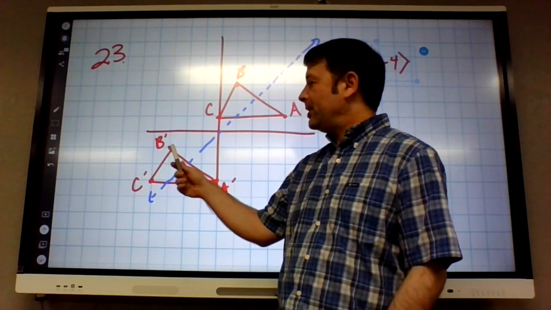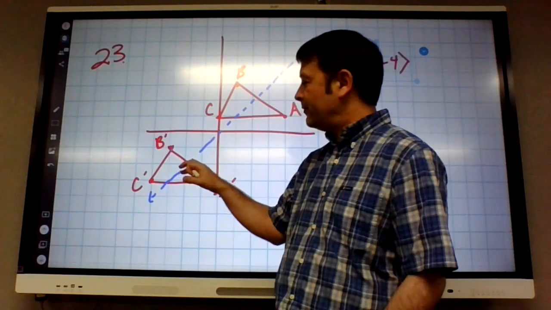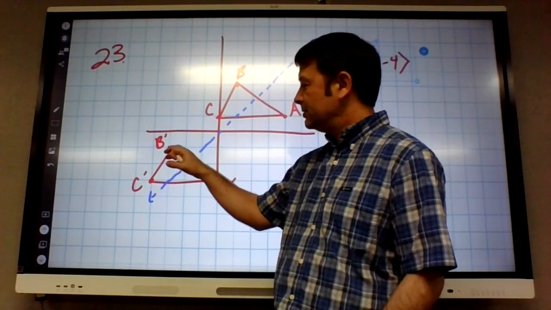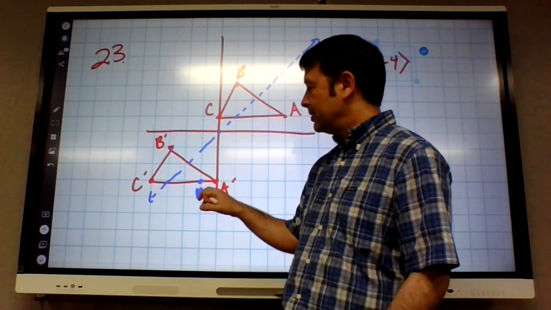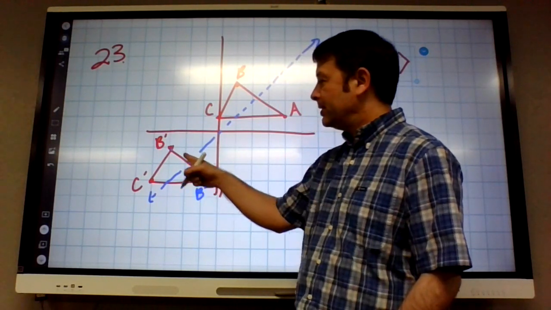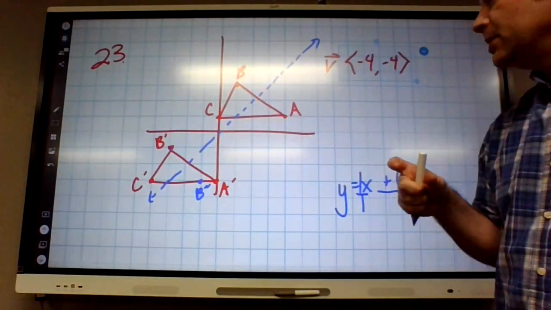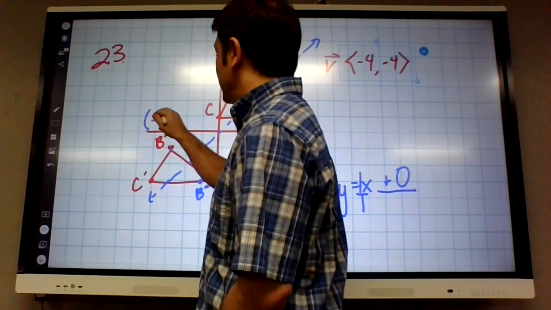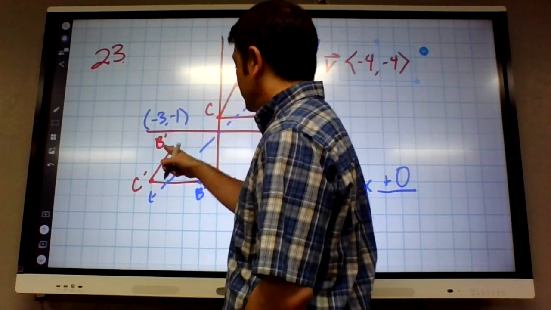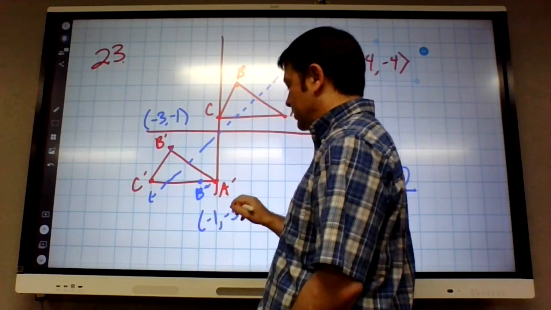How are we gonna flip this? So B prime, if you look at that, it's like one diagonal away from the line. So B double prime is gonna be like right, 2 down. No, it's one diagonal away from the reflecting line. Another way we talked about this: if B is at -3, -1, then the reflected point is -1, -3.